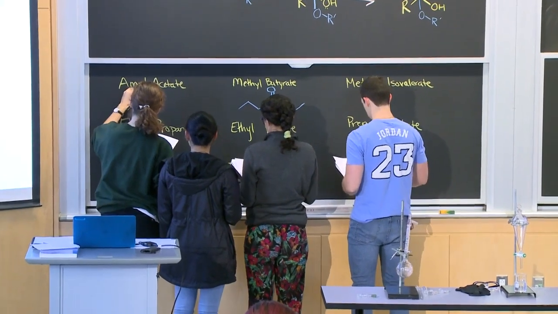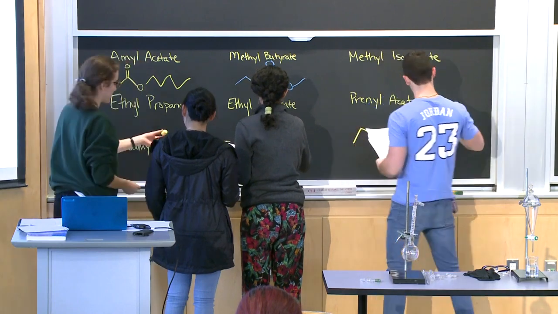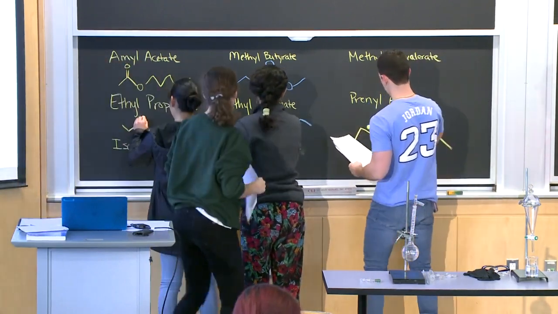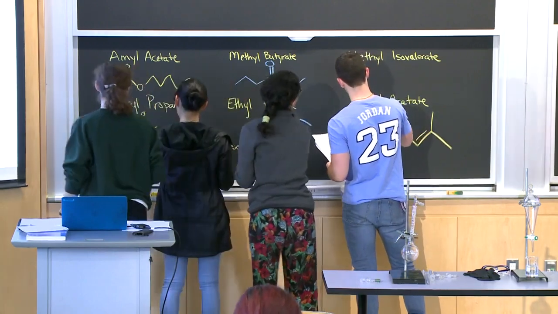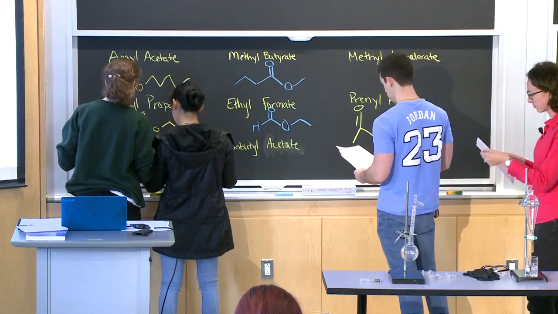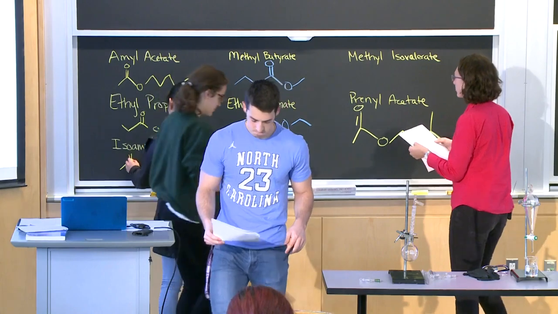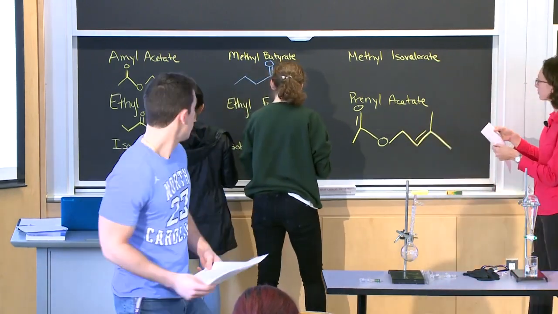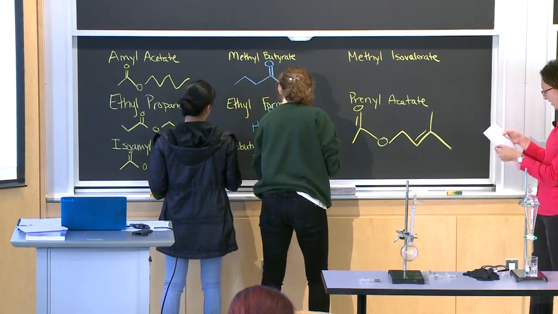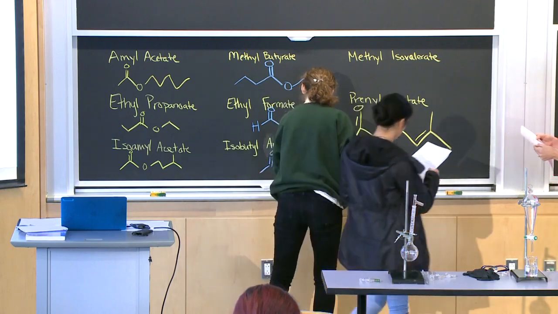If anyone else wants to come down here and be really brave and share their knowledge, that would be excellent. All right, we'll see how many of them these guys can do. Yeah, if you know more than one, go for it, because it'll be faster. Yeah, sorry about that. One more.